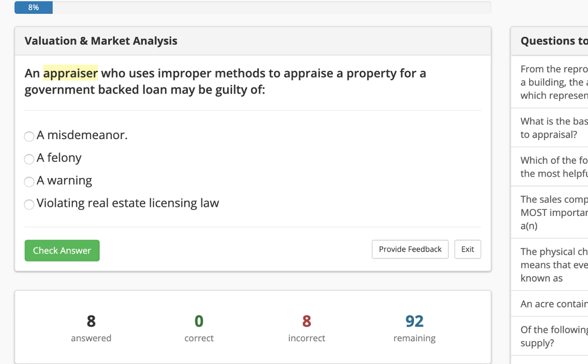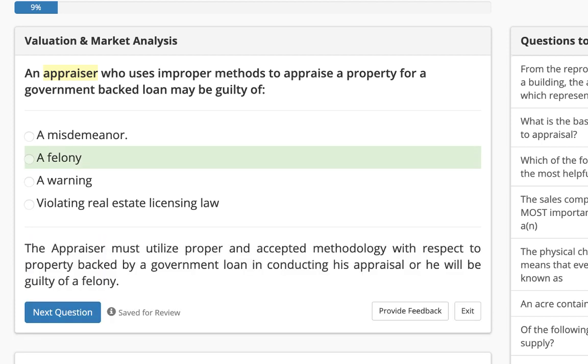An appraiser who uses improper methods to appraise a property for a government-backed loan may be guilty of B, a felony. And that's because we're talking about a government-backed loan and improper methods. So, vague questions like this are going to be a little bit more up to a court, right?